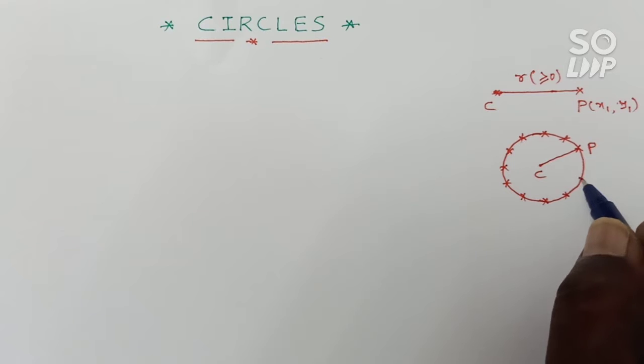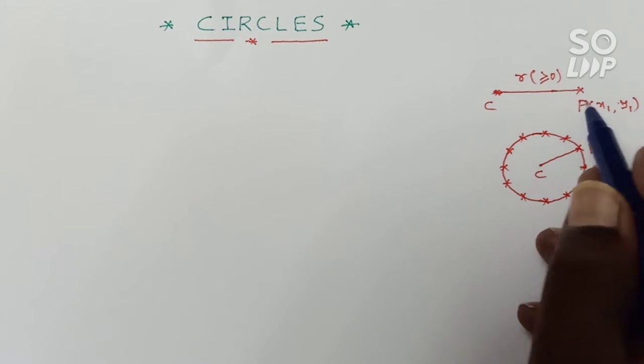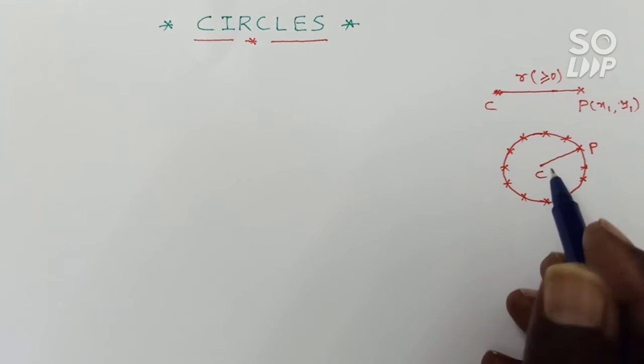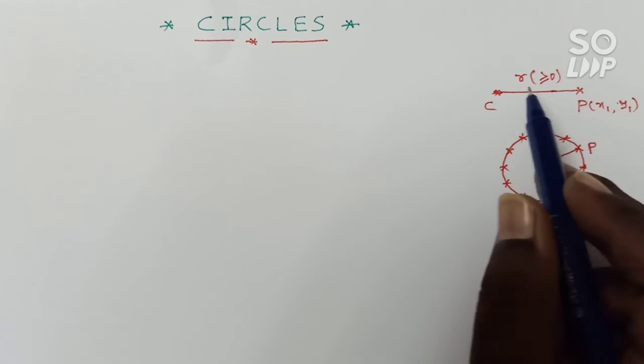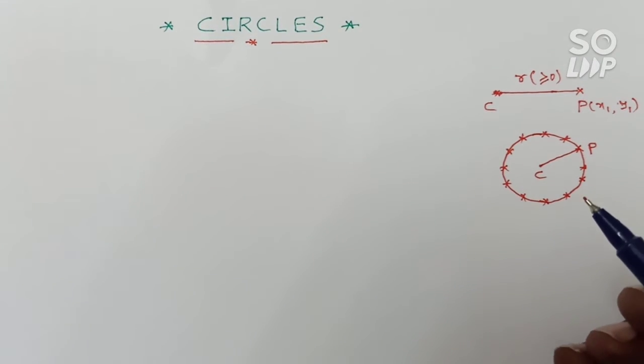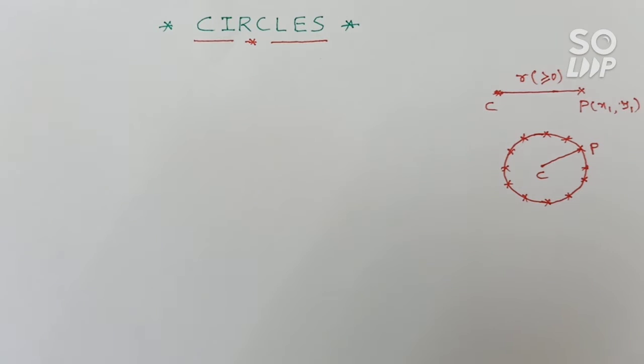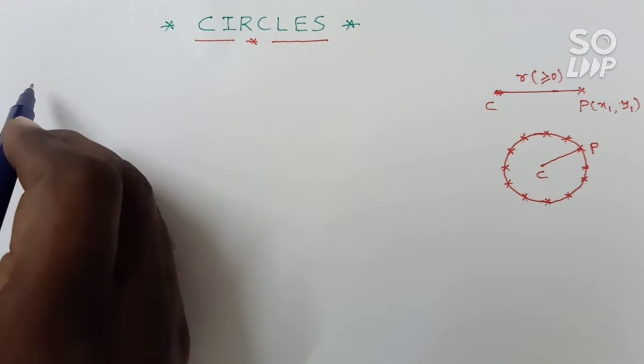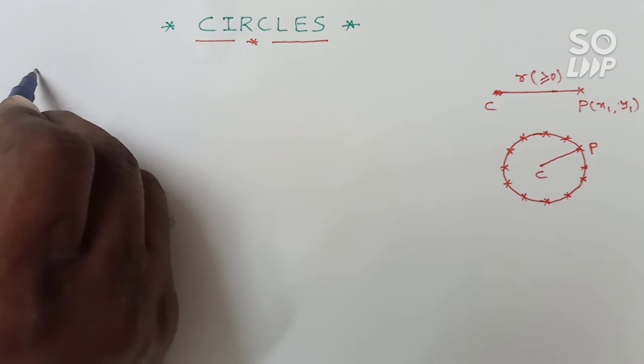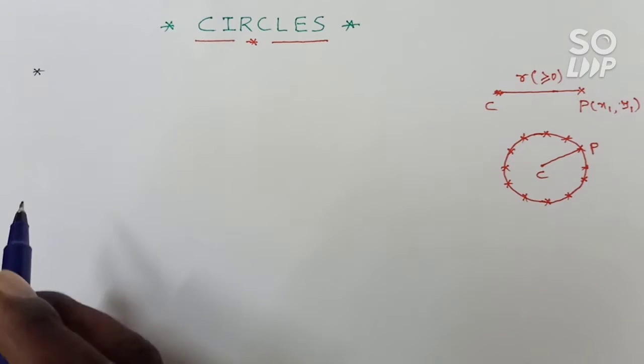Here, what is the given condition? CP is equal to r. Here the given condition is CP equals r. So now you will write here the definition of a circle. First point, look at this, all of you, observe this one.